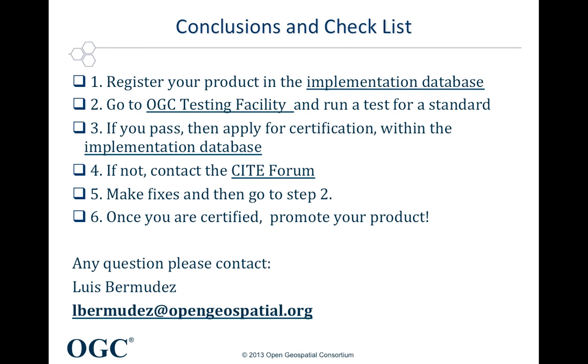That's in the same implementation database where you register your product. If you have any question, if you are not passing the test, then contact the CITE forum, make fixes as needed, and then go to step 2, test the product again, and then once you are certified, promote your product.